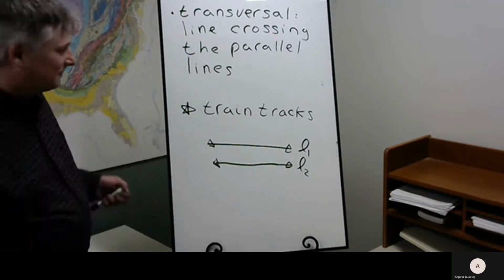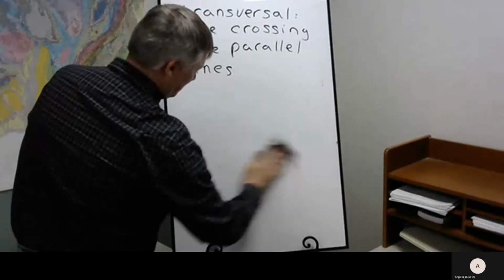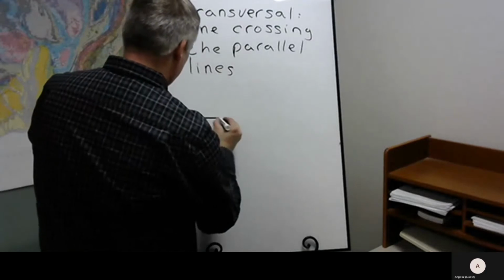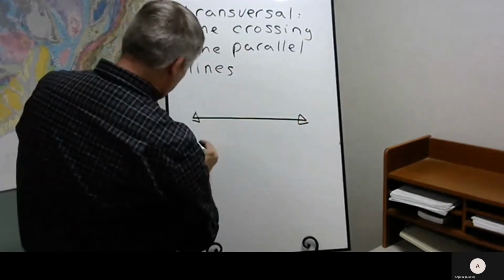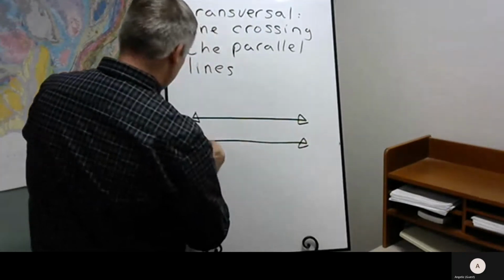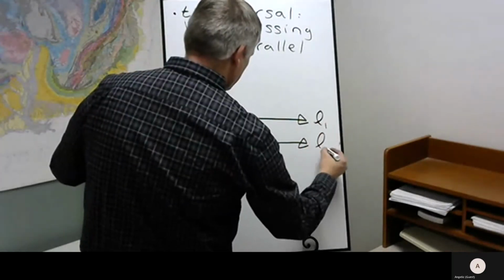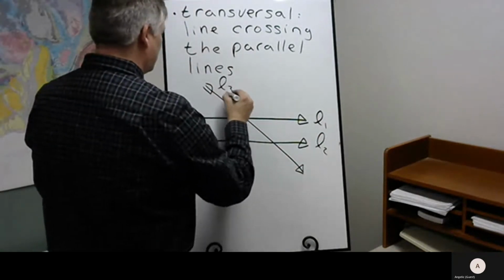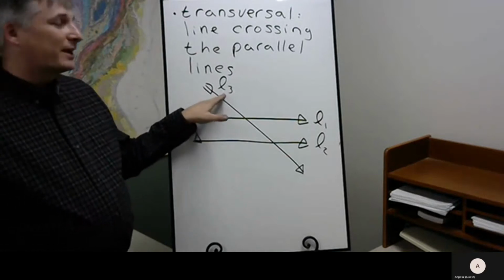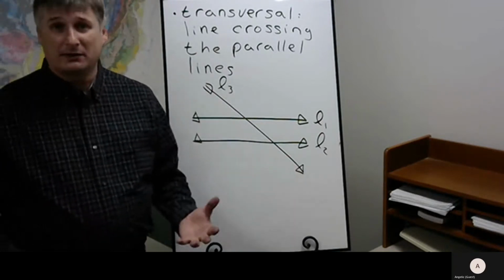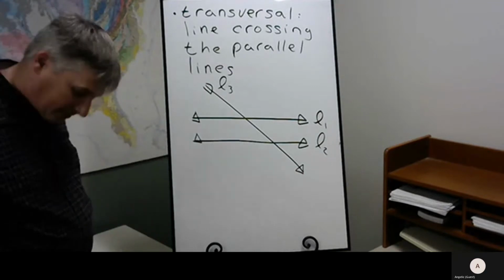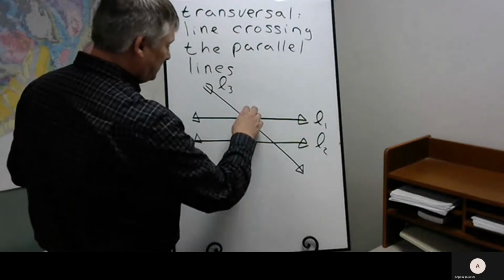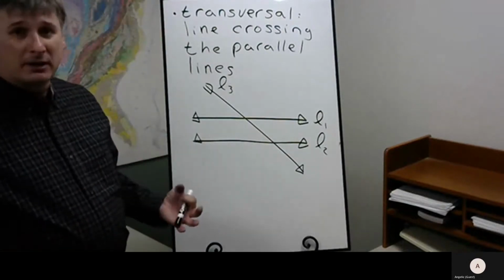So it's going to do something like this. This is a transversal. It cuts across these two parallel lines. Now, what's going to happen is we're going to look at the angles surrounding the transversal and the parallel lines.